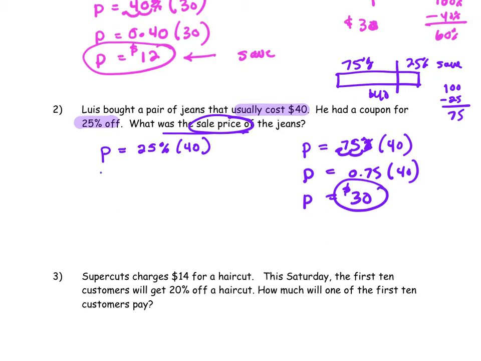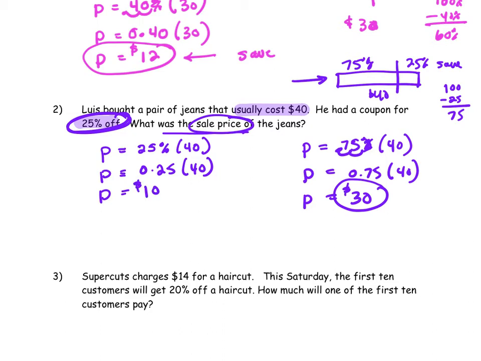However, we could also use this equation, the discount, and often it's easier to use this because this is the percent we see. Otherwise, we have to build our tape diagram and figure out how much percentage we're going to pay. So if we use this, we would again divide 25 by 100 to get 0.25 times 40. And when we did that, we're going to get $10.